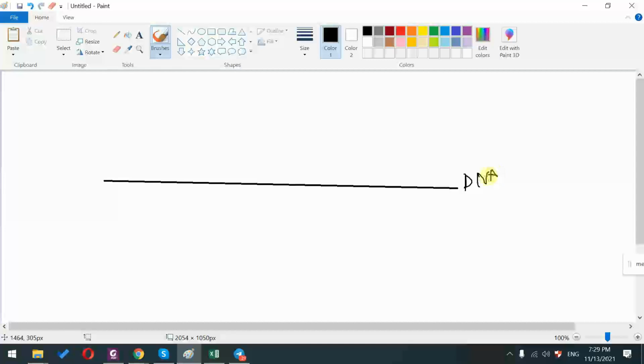Each time this process happens, you lose a little portion of your DNA. You lose this part, okay? When it happens again, you lose a little bit more because the DNA polymerase binds there. Each time you lose a little bit, and that's why we age, because our DNA is becoming shorter and shorter.